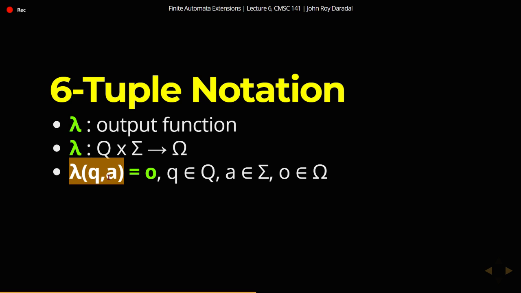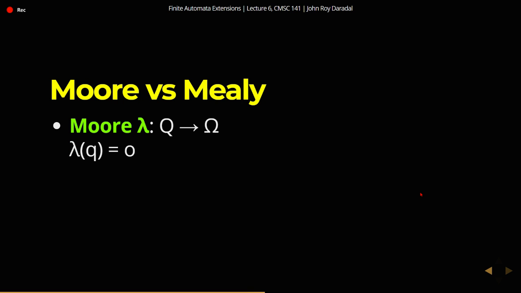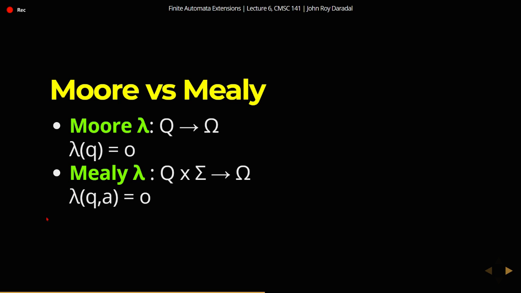You have a state and an input symbol, and then instead of a state, we have an output. What this means is that the state Q transitions on symbol a, and on that transition, it will output the output symbol O. Again, the difference is that for Moore, we had this form, lambda of Q is equal to O, so we did that for the states. But for Mealy, we have our outputs on the transitions.